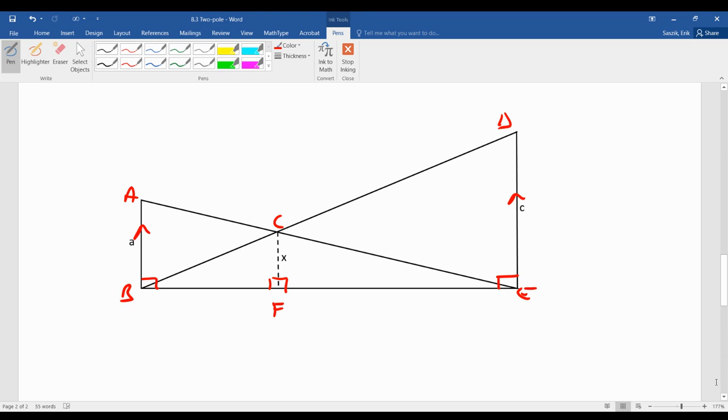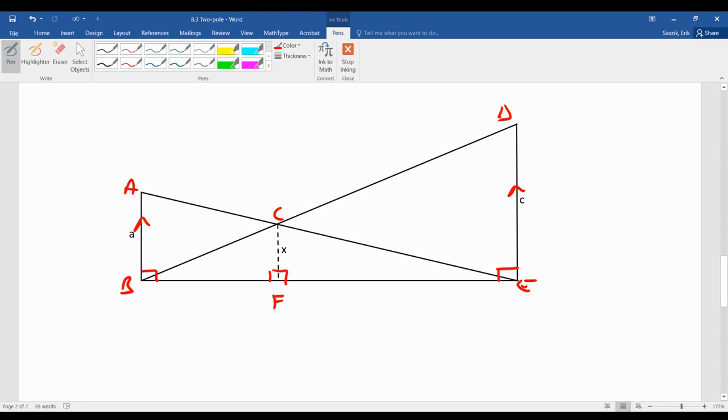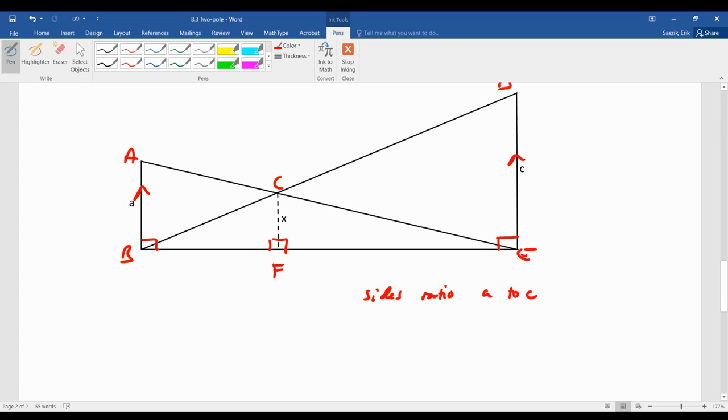But now you see, with those two triangles being similar, instead of the ratio being 6 to 12 or 1 to 2, the sides are in the ratio of A to C. Okay. All right.